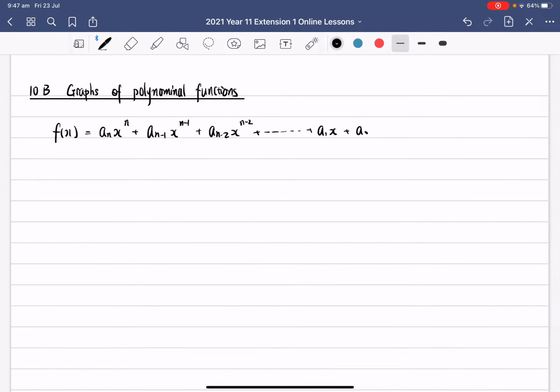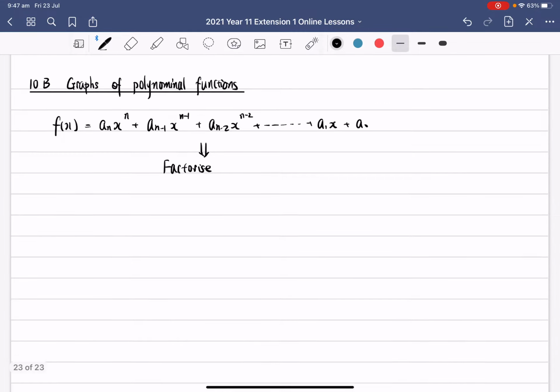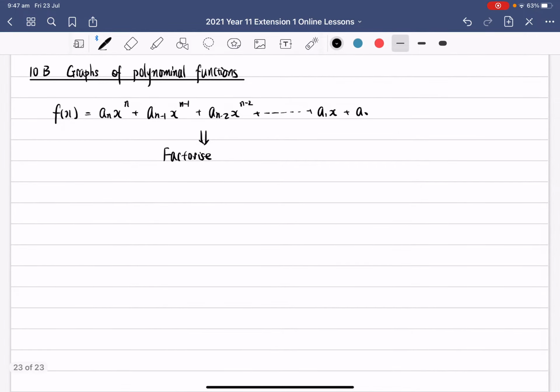Later you're going to use calculus differentiation anyway, but at this stage, factorization is the major step of solving this. So you need to change the polynomial into different factors, something times by something else.